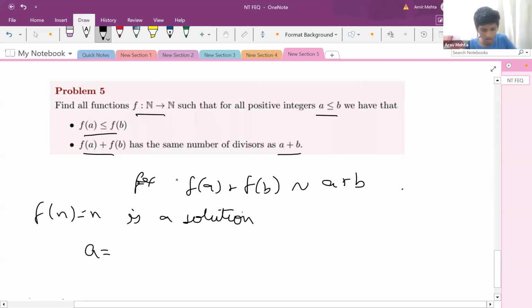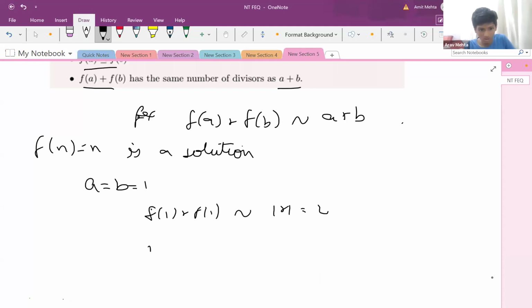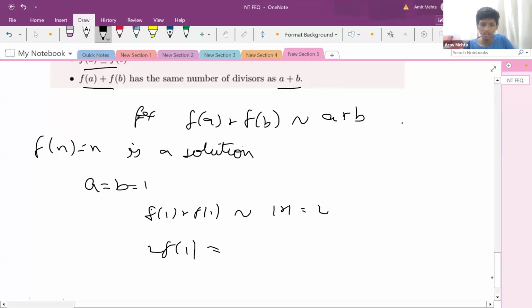So if you do a equals b equals 1, we have that f of 1 plus f of 1 has the same number of divisors as 1 plus 1, which is 2. So we have that 2 f of 1 has two divisors, so this has to be a prime because nothing else has two divisors.